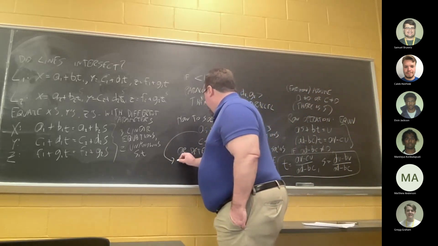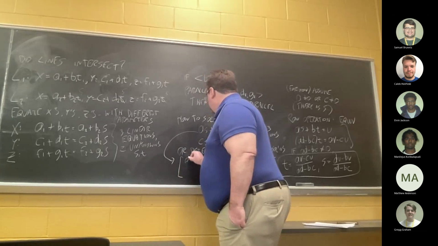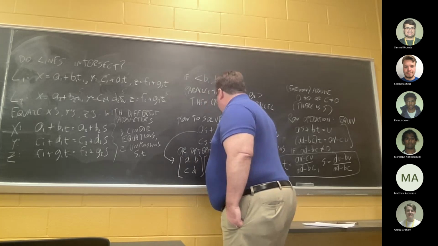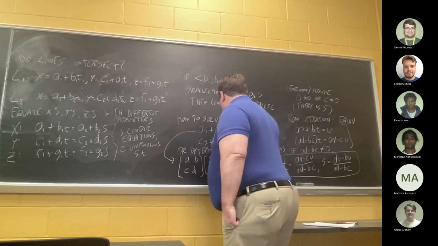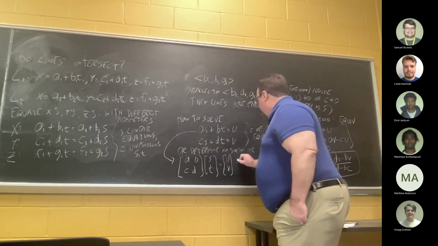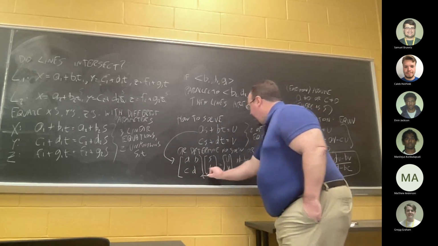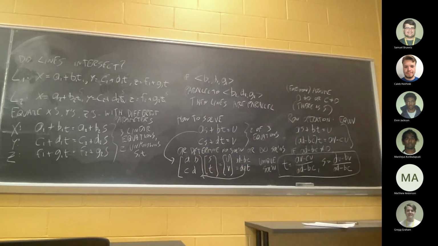I can write this system in matrix-vector form: the matrix with entries A, B, C, D times the vector S and T is equal to the right-hand side values U and V. And AD minus BC is equal to the determinant of that matrix, and you need that to be non-zero to ensure that there is a unique solution to this system. So that's the nice case where everything works out beautifully and you have a unique solution.